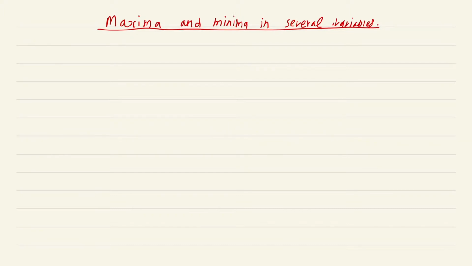We begin with the definition of maxima and minima. The definition works in quite a general setting, so I will put it in a general setting. Let X be a subset of Rn and f from X to R a function.